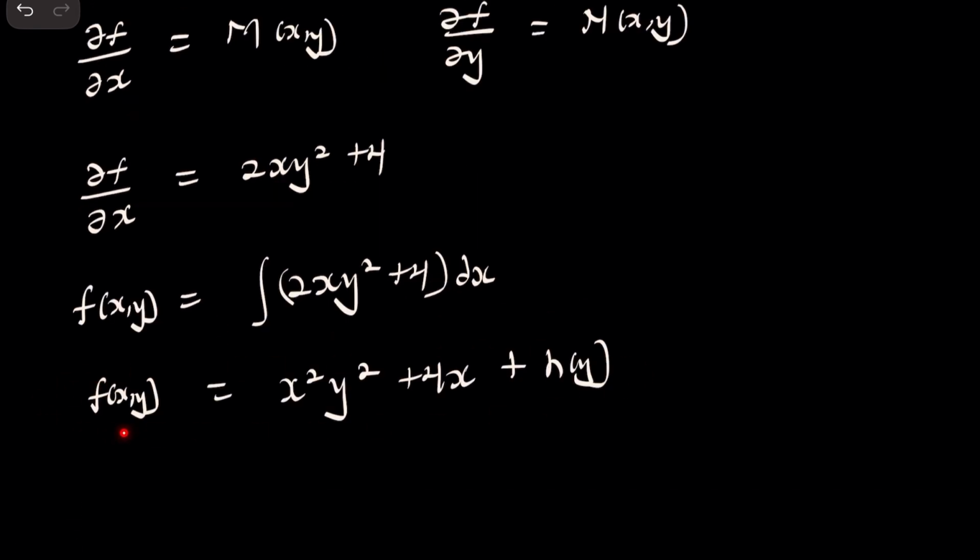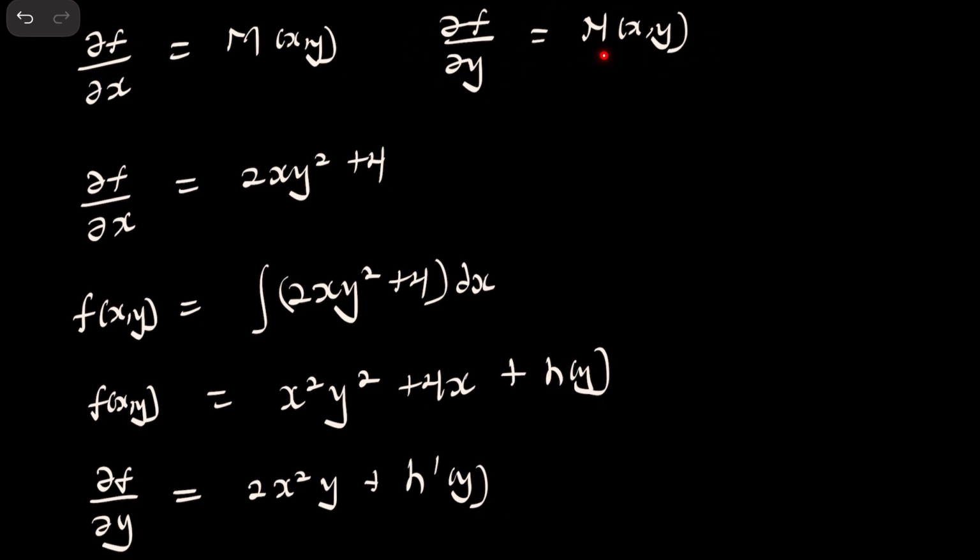Now let's differentiate our function f of xy with respect to y. We are differentiating with respect to y because here we chose to integrate it with respect to x, so we have to differentiate it in the other variable. And so we are going to have partial of f with respect to y giving us, so we are differentiating this function with respect to y, right? And so we are going to have 2x squared y. When you differentiate 4x with respect to y, you are going to have 0, then plus h prime of y.